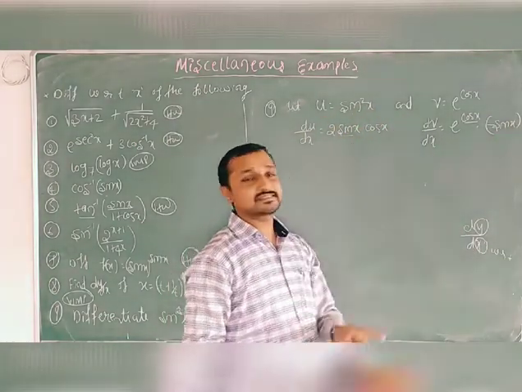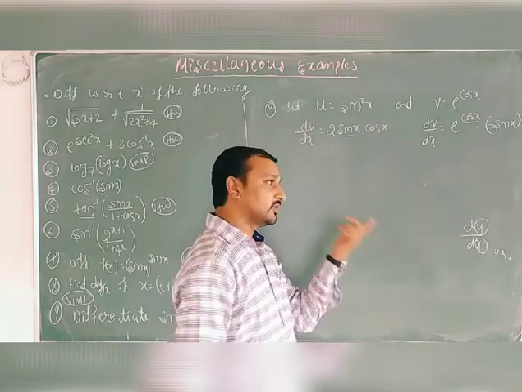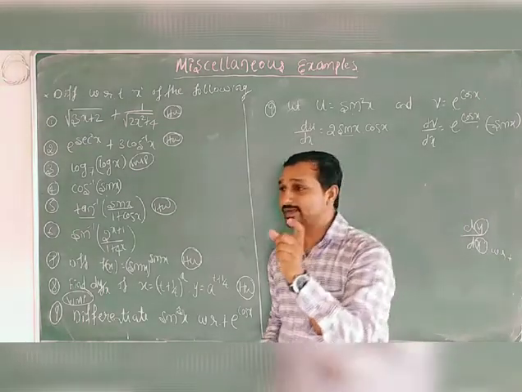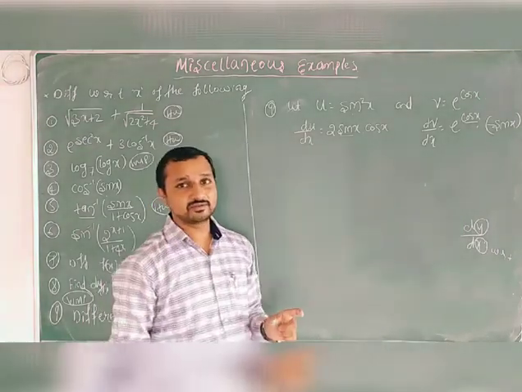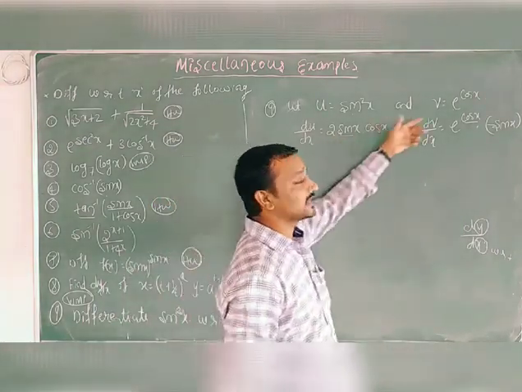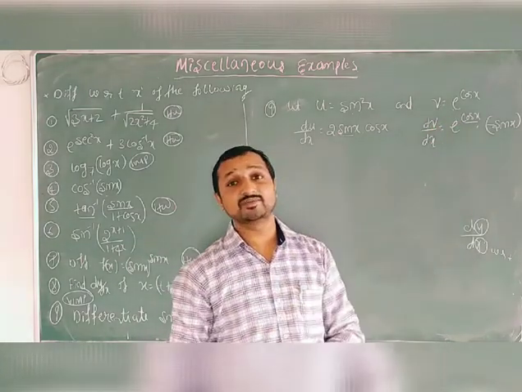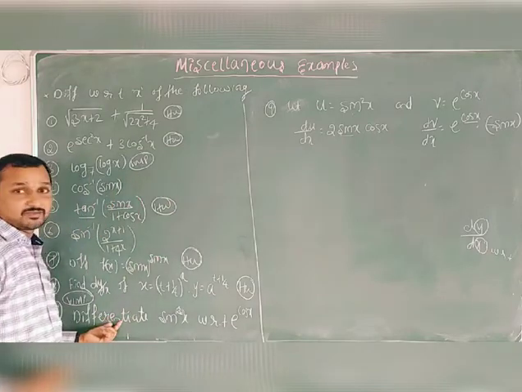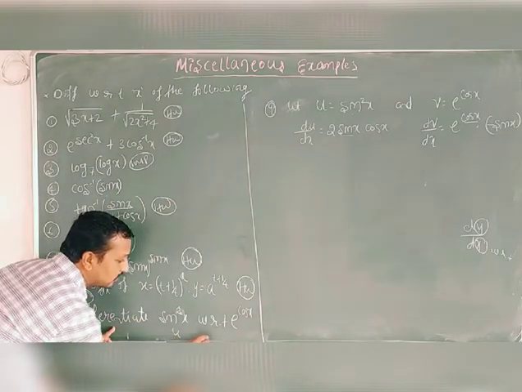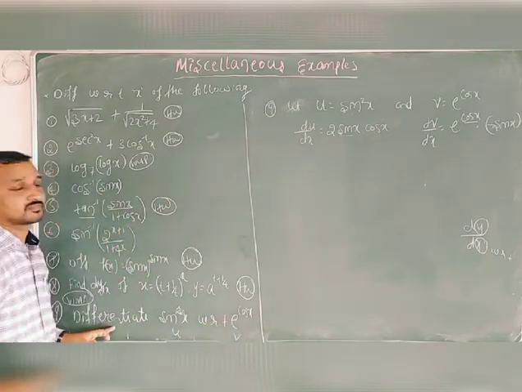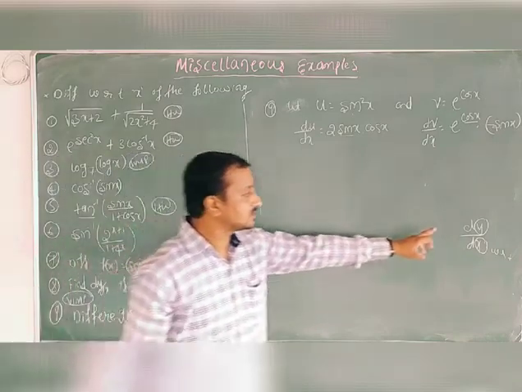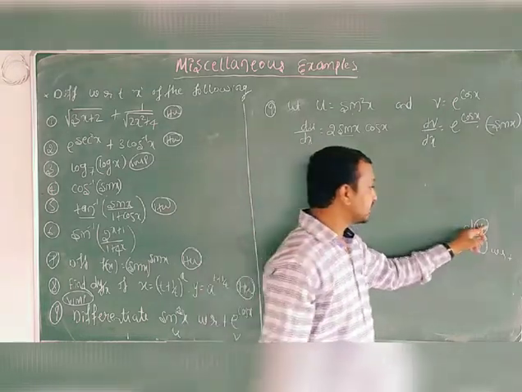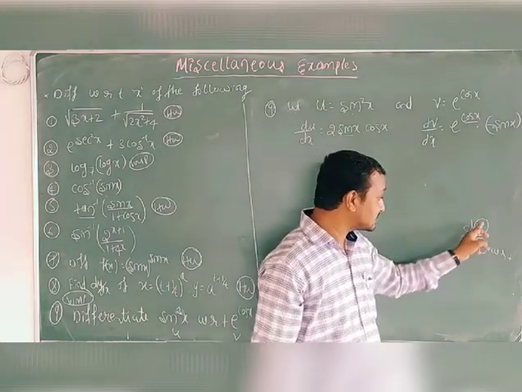The next step is very important. Already we know that in parametric form we take y as the numerator term and x as the denominator term. So this is a different example. The meaning of this example: differentiate u with respect to v. Differentiation of y with respect to x can be dy by dx.